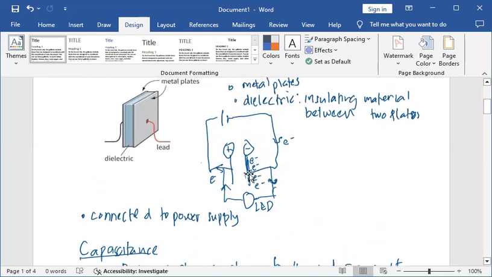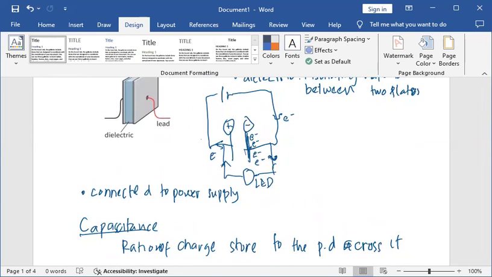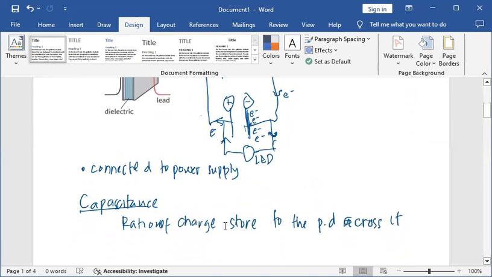Jadi dibilang total charge-nya zero, tapi kenapa di sini bisa dibilang ratio of charge? Nah, di sini charge yang dimaksud itu adalah total charge in each plate, ya. Total charge in this negative plate or total charge in the positive plate, not the total of the two plates, tapi number of charge in one plate. This is what we call the charge.